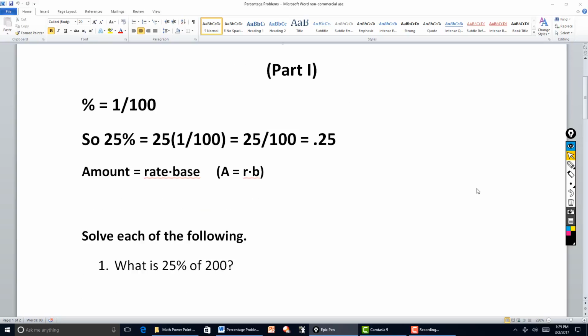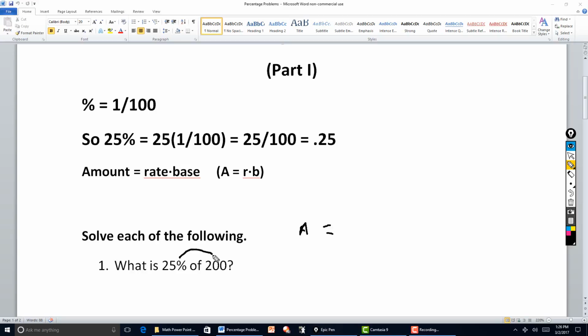So we'll look at the first one. Solve each of the following. What is 25% of 200? The 25% is your rate or your percent, and the 200 is your base. If we write this as an equation, what is, so we're looking for A. A is equal to 25% of 200.